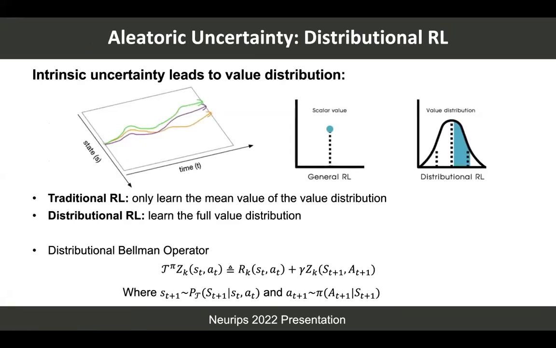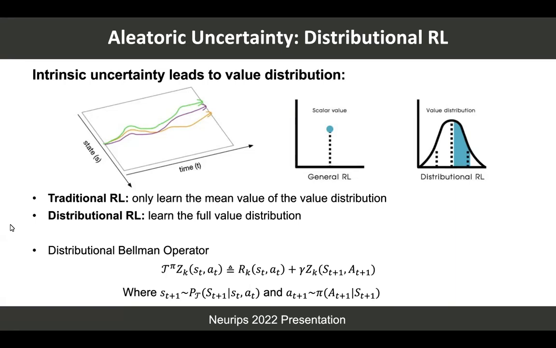Okay, so first of all, for the aleatoric uncertainty in reinforcement learning, we turn to the method called distributional reinforcement learning. It's a very nice algorithm which was proposed just several years ago. It helps us learn the real value distribution for actions in reinforcement learning.